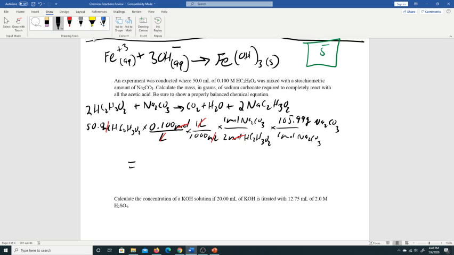Ends up with 0.265 grams Na2CO3. So if I mix 0.265 grams of sodium carbonate into 50 milliliters of 0.1 molar acetic acid, that will use up all of the acid to make the maximum amount of CO2, water, and sodium acetate.